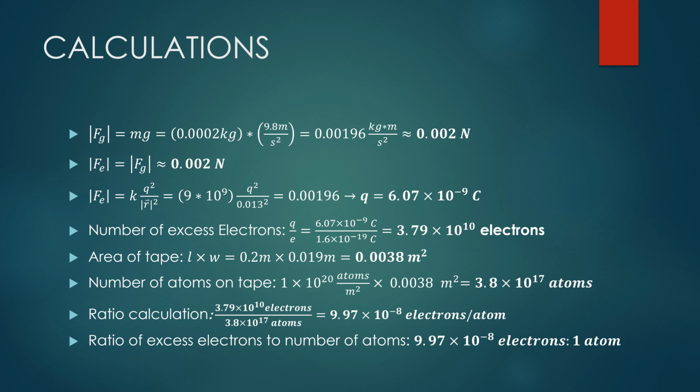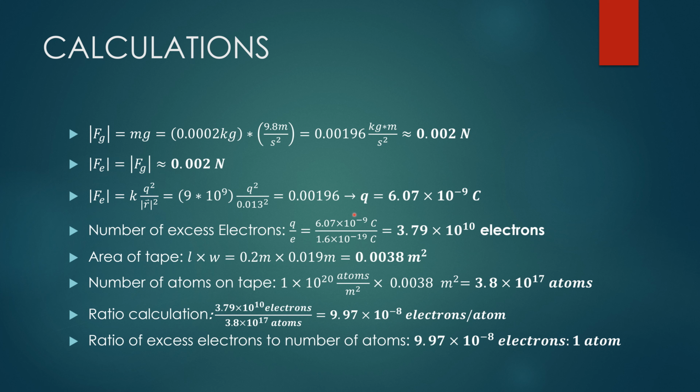Calculations. The first thing we did was find the magnitude of the gravitational force using F equals mg, and we found that to be 0.002 newtons. And then we know that the magnitude of the electrical force and the magnitude of the gravitational force are equal to one another. So we then plugged into the equation for electrical force to find the charge of a piece of tape.